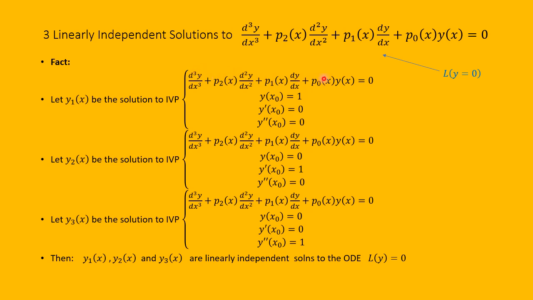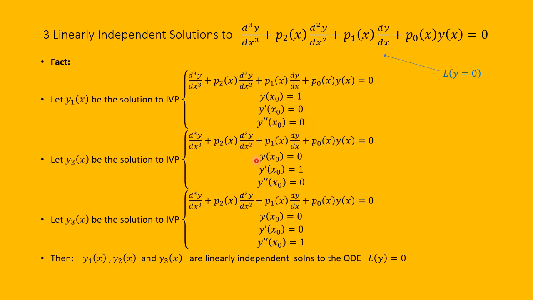We have that third order linear homogeneous differential equation and initial conditions on the value of y, y prime, and y double prime at some number x naught. And the values of these are 1, 0, 0.